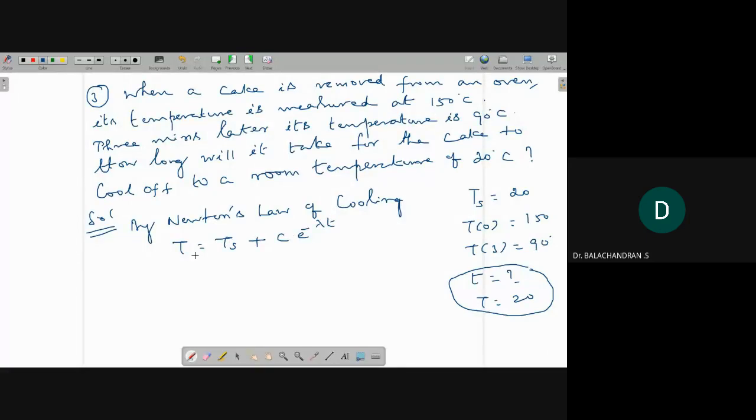Now at t equal to 0, capital T equal to 150. So 150 equal to Ts, which is given as 20, plus C into e power 0. So this implies C equal to 130.